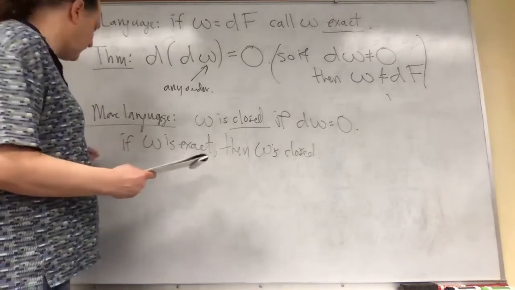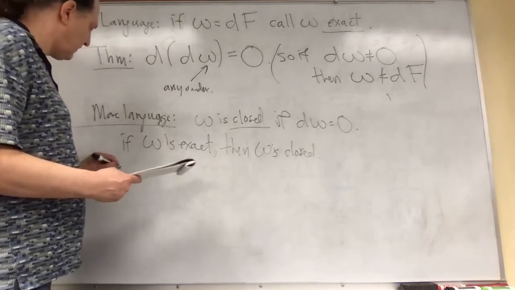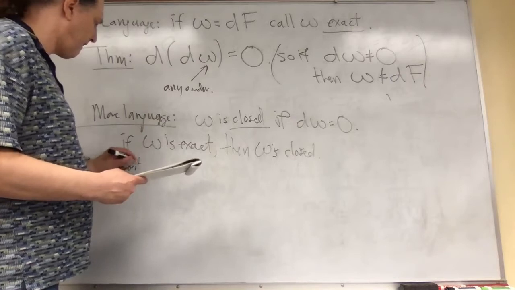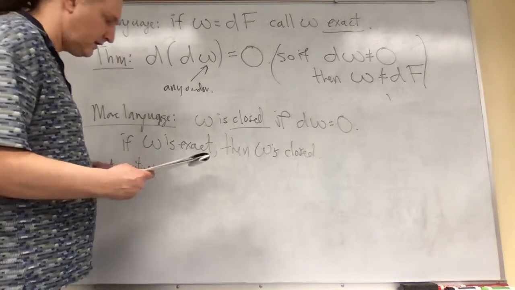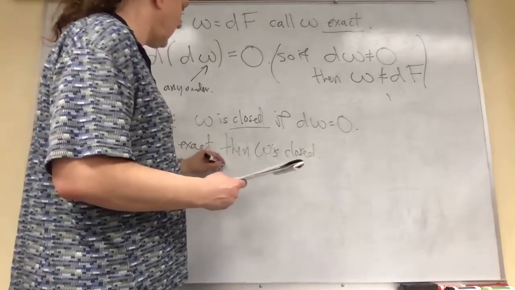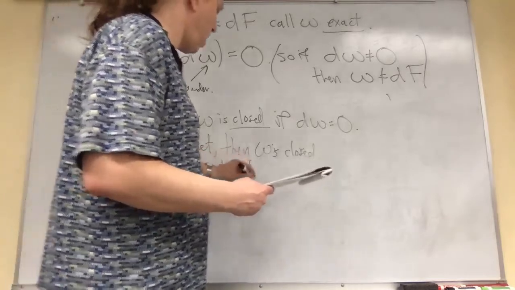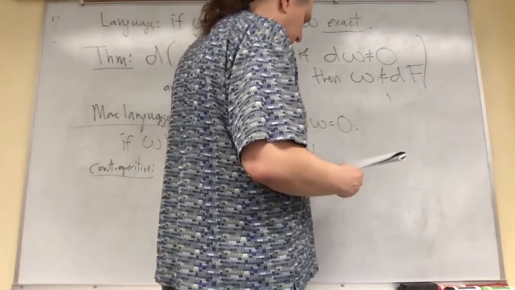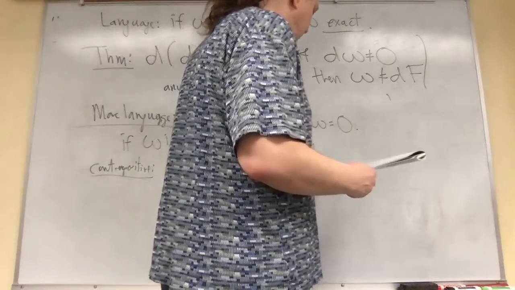This is more useful in contrapositive. If omega is not closed, then omega is not exact.